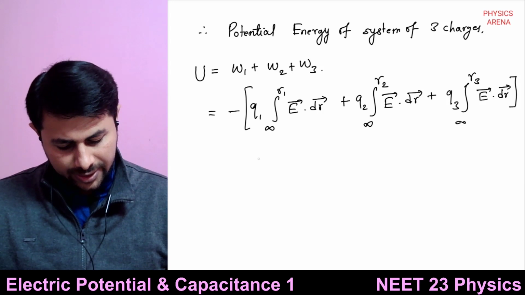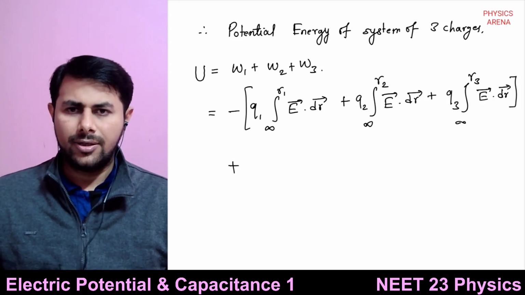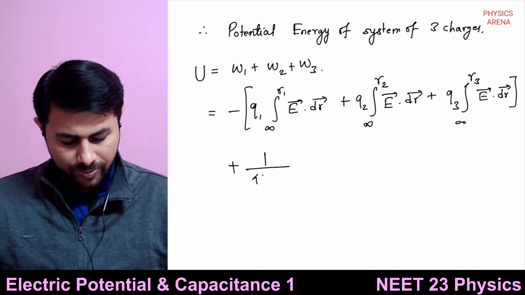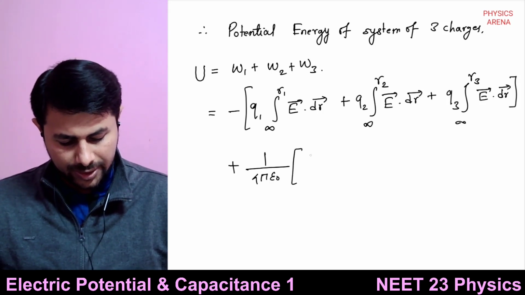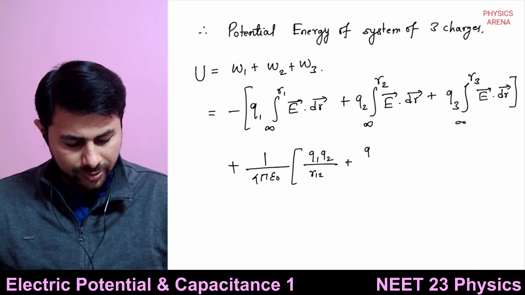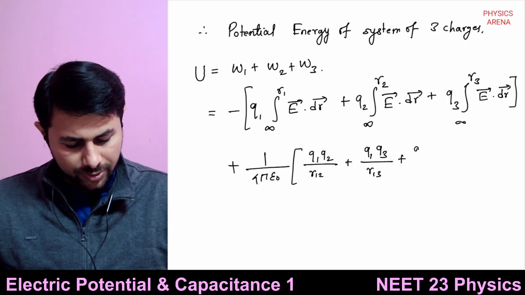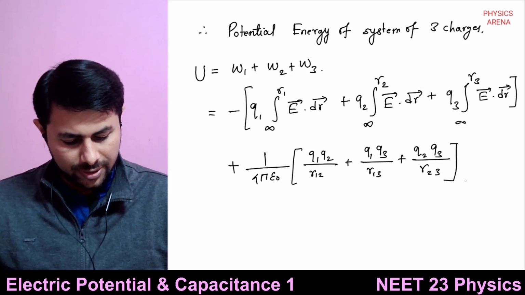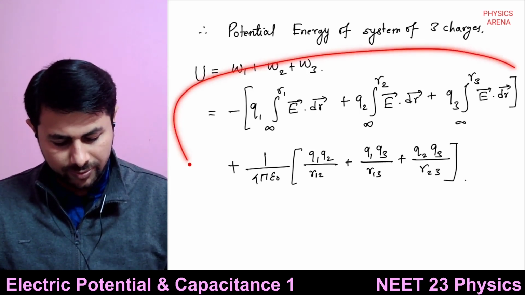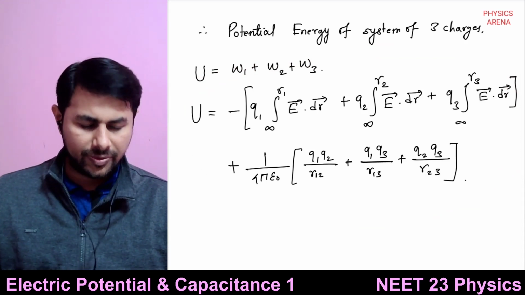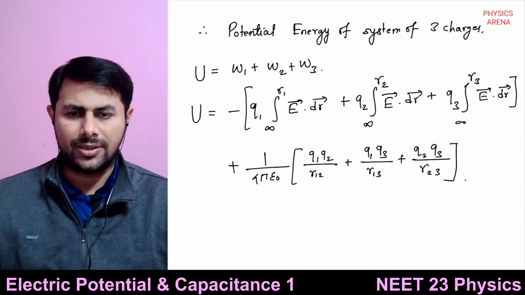This is the work done against the electric field, plus the work done against the charges, which is 1 upon 4 pi epsilon naught, Q1 Q2 divided by R12 plus Q1 Q3 upon R13 plus Q2 Q3 divided by R23. So this will be the formula for the potential energy of three charges when an external electric field is present.